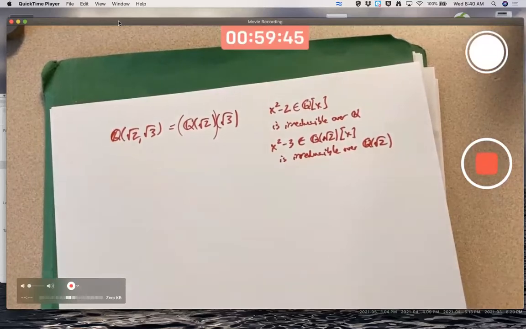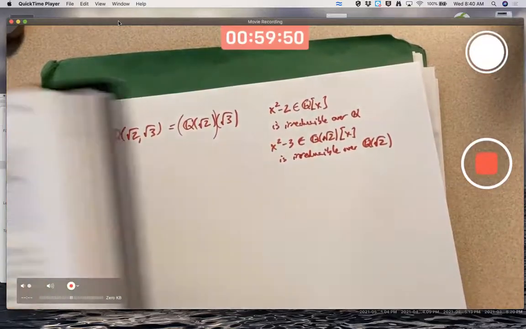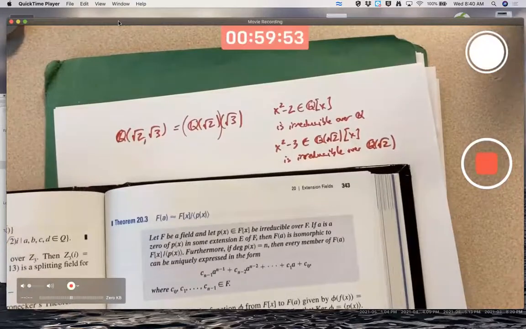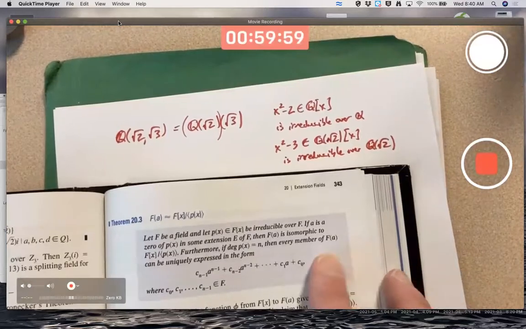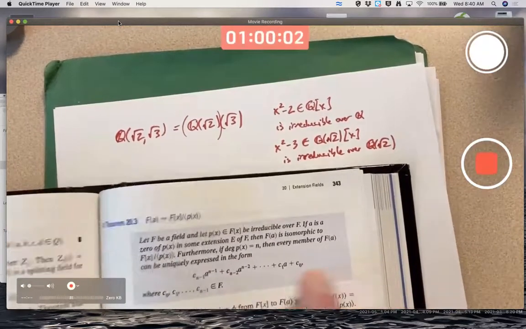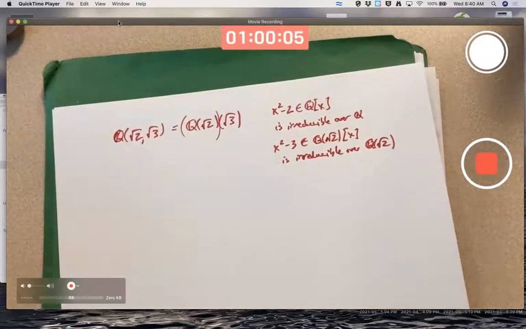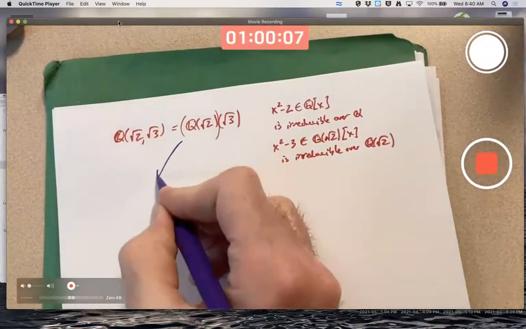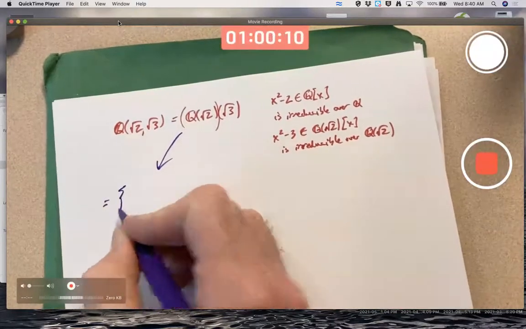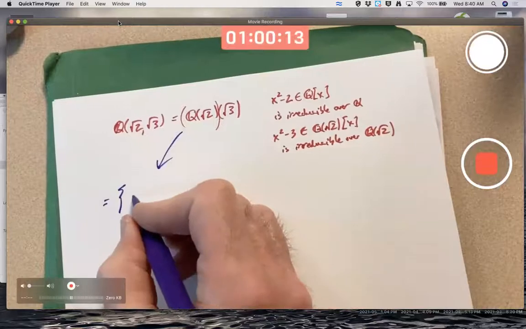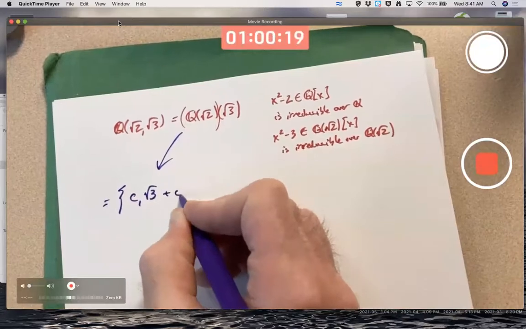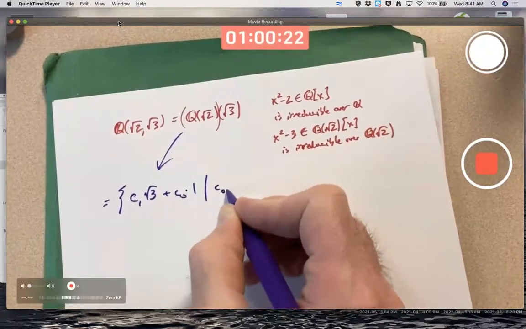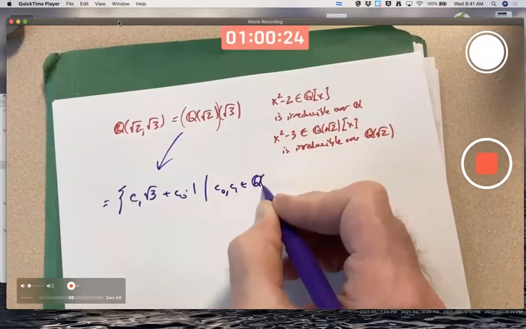So according to the theorem we were looking at, every element of F(a) can be written in this form. I should be able to say, based on that, that this can be thought of as the set of all C1 times root 3 plus C0 times 1, as C0 and C1 vary over Q(root 2).